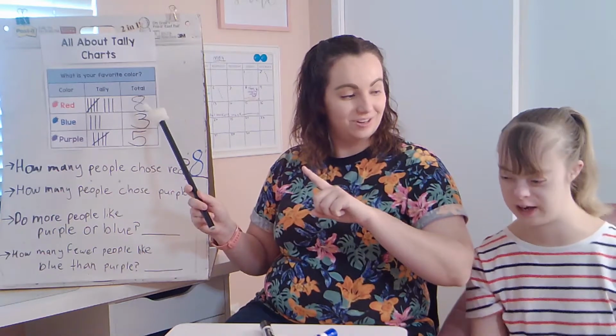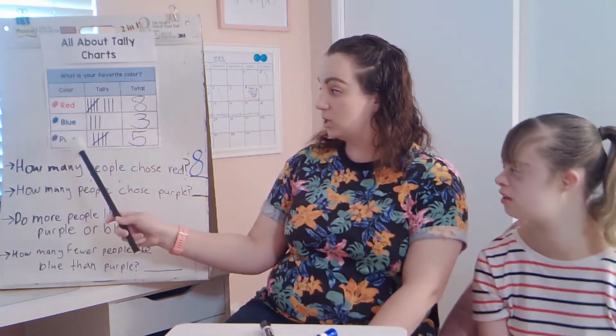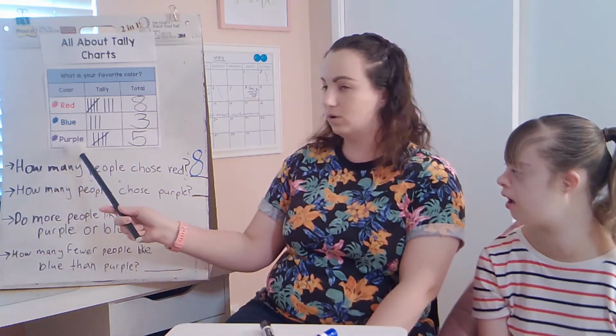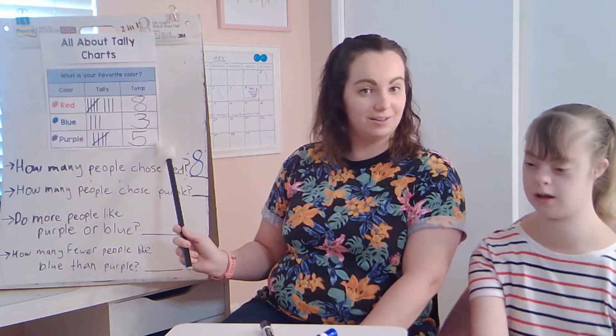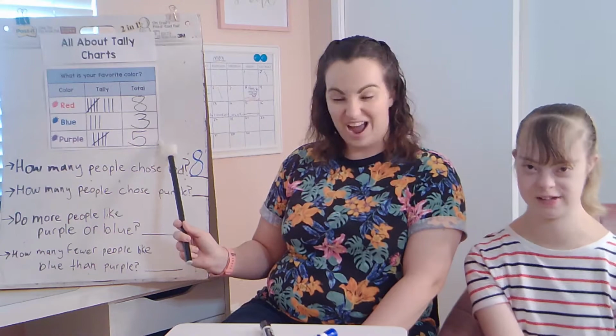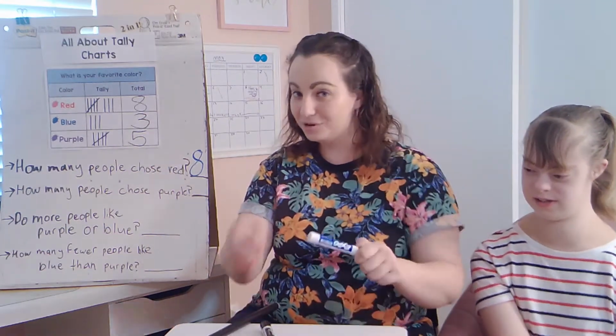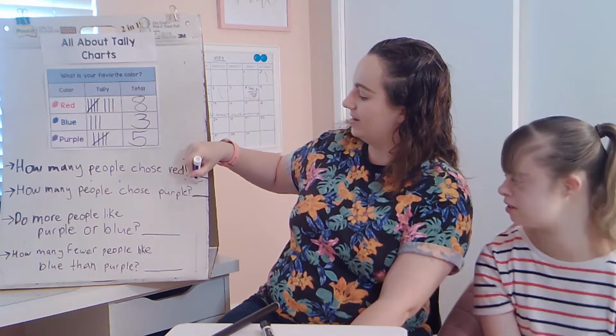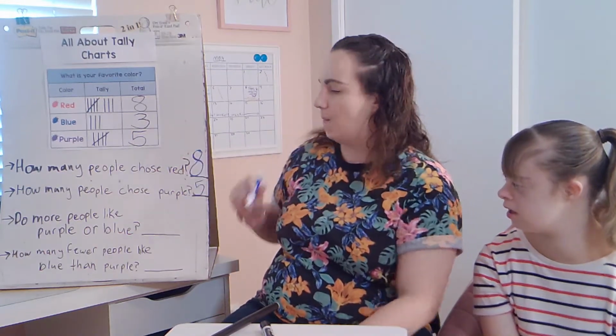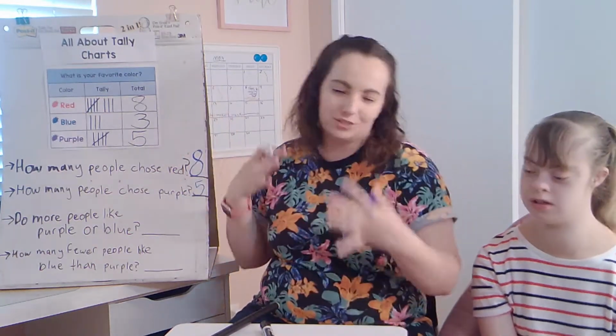I think good. Look at the chart, yes. So we find purple. You can match up the words, okay? How many people said purple was their favorite color? I think 5. 5, yes. If that's what you're reading too, yes. So we write 5 right here. Awesome. I love it. We did the chart. We're answering questions about it.